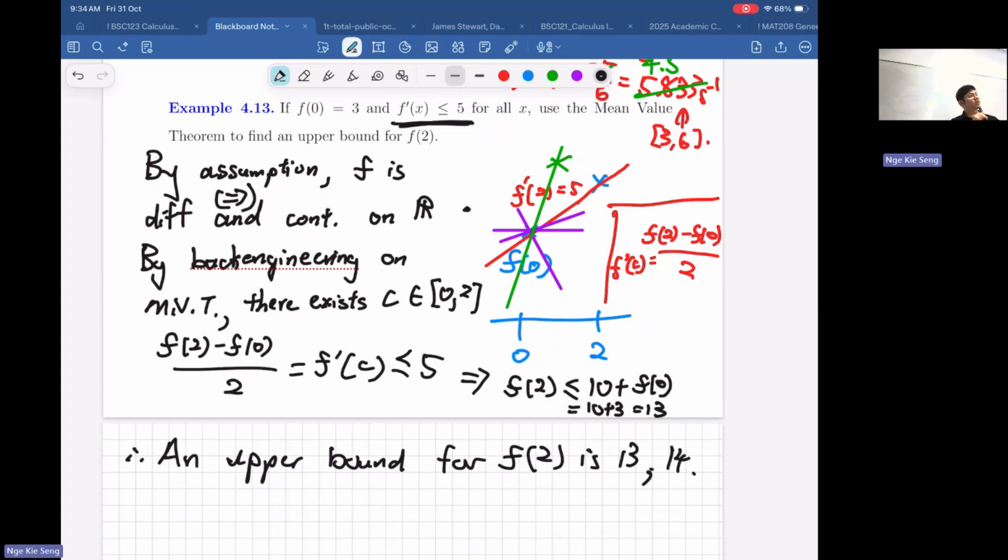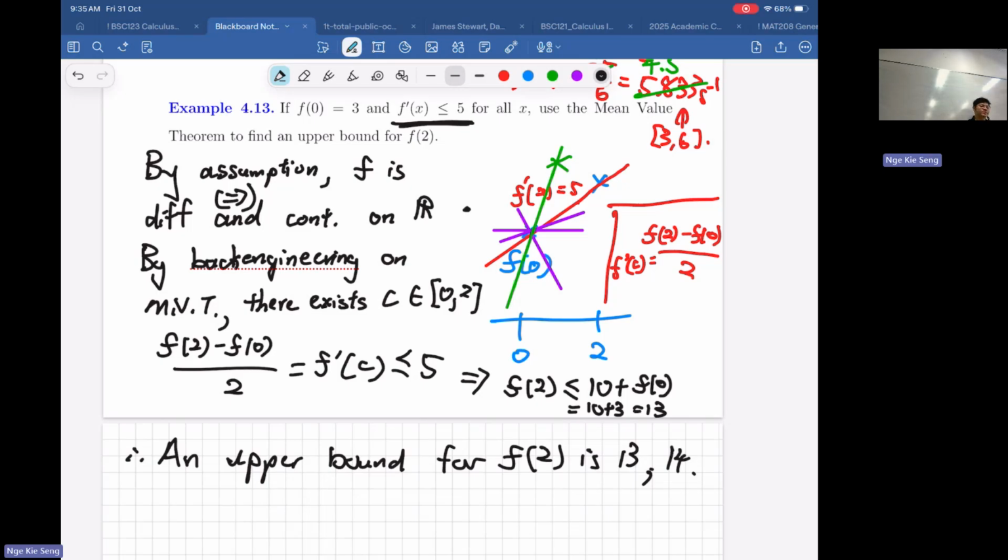Cannot? Why? Why can't I put 14? I already found that f2 is less than or equal to 13.